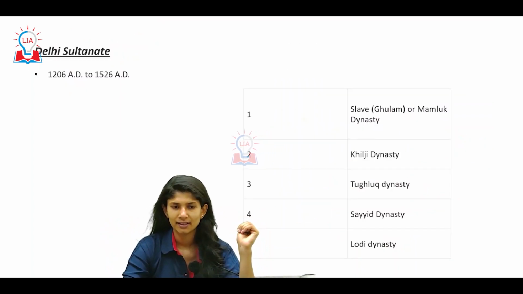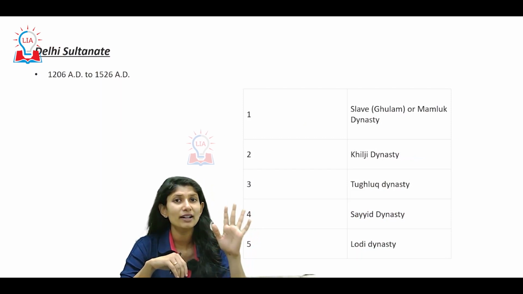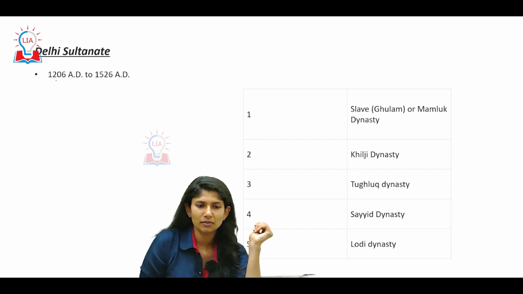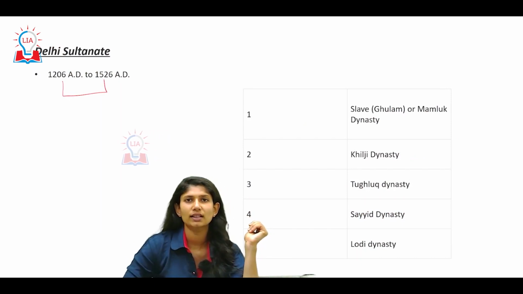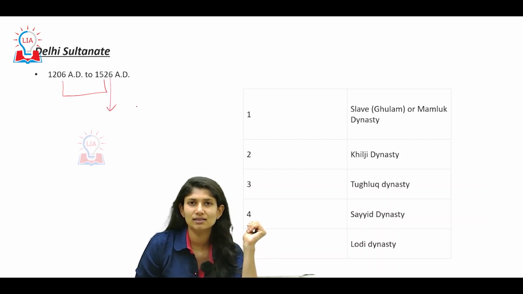In the Delhi Sultanate, as I told you, there are five kingdoms. The period of time is from 1206 to 1526. What happens in 1526?